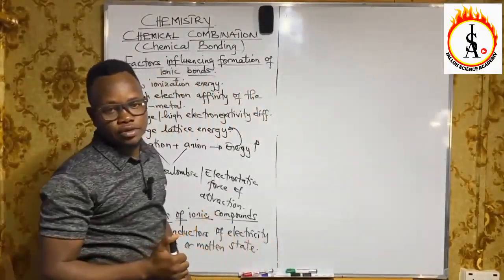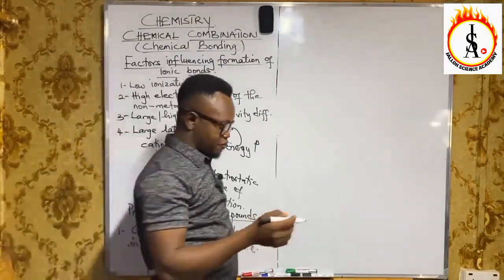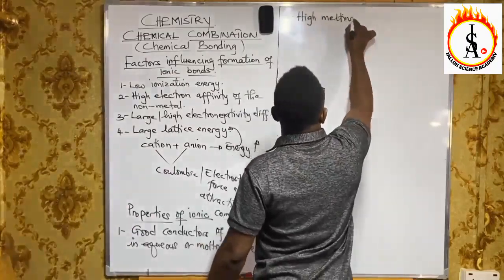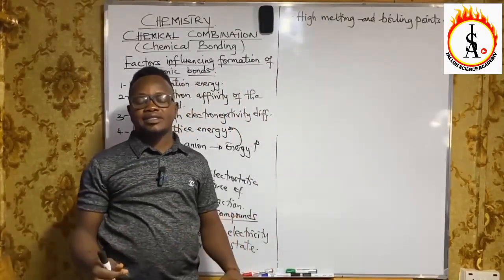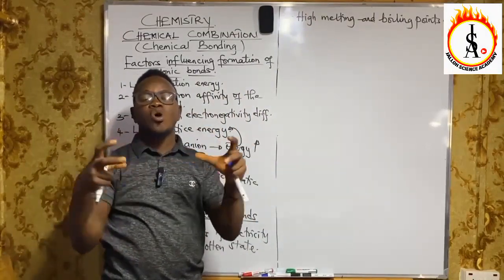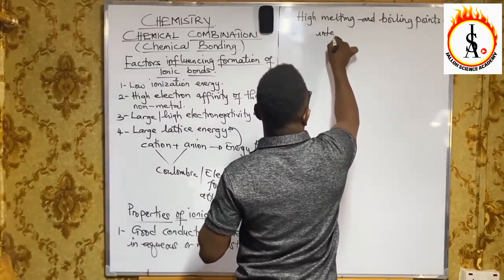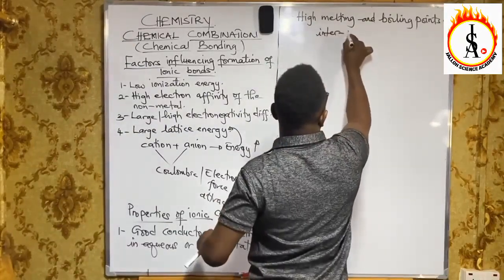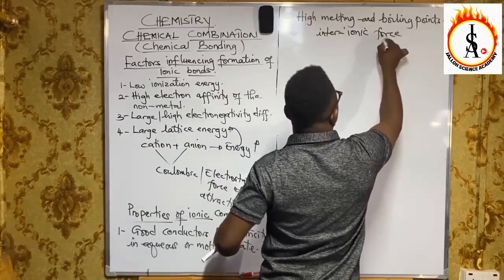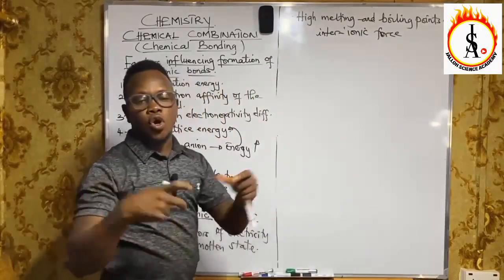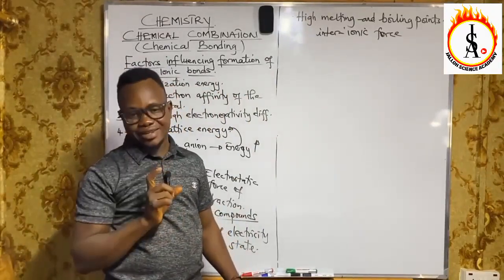Property number 2, they have high melting and boiling points. So the melting and boiling points are high as a result of the strong interionic force, which locks the ions together, giving rise to what we refer to as a crystal.